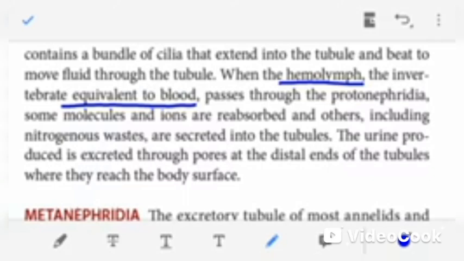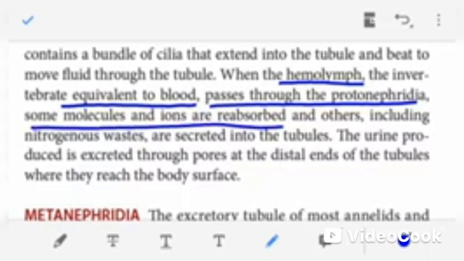So now we have seen that in the flame cell, the filtration process takes place, and this filtrate passes through the tubules of protonephridia. When the fluid passes in the tubular network, some molecules and ions are reabsorbed and they again enter into the hemolymph.